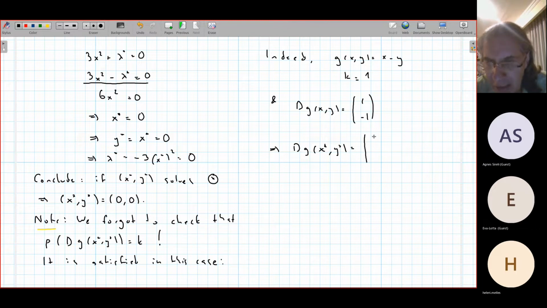No problem, because this is a constant vector. That's still 1 comma negative 1. And then you calculate the rank of this matrix.